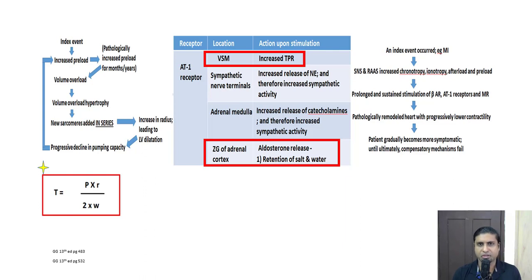And when this happens, the cardiac output slowly increases. Now that's mechanism number 1 of ACE inhibitors in the management of heart failure. That's one way in which ACE inhibitors are beneficial in heart failure.